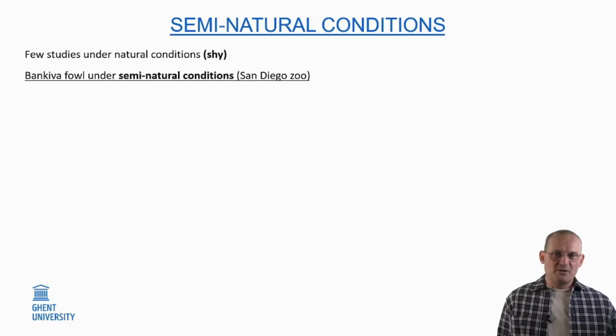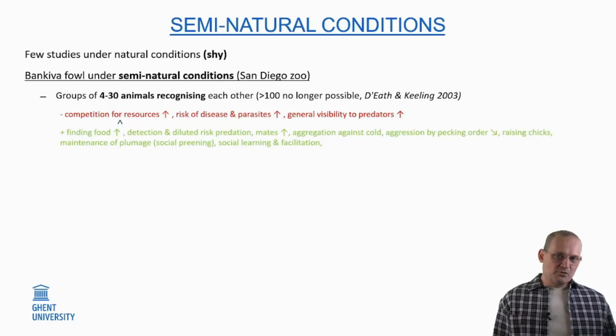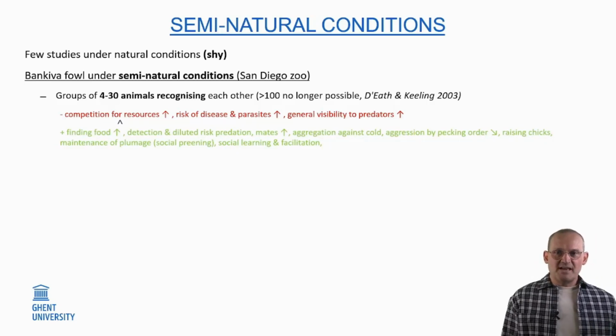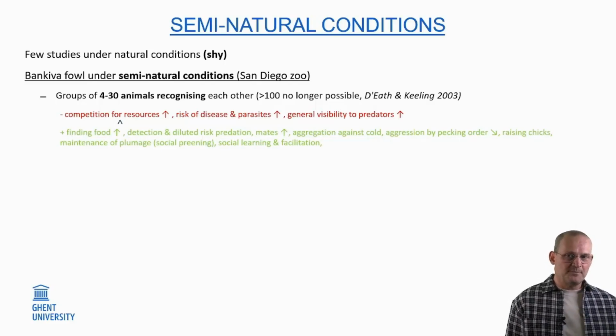But what we do have is some populations that have been well studied under semi-natural conditions, such as the populations of the San Diego Zoo. And what is seen there is that they form groups of about 30 to 40 animals that are able to recognize each other. If the group size becomes too big, of more than 100 individuals, that individual recognition becomes impossible.